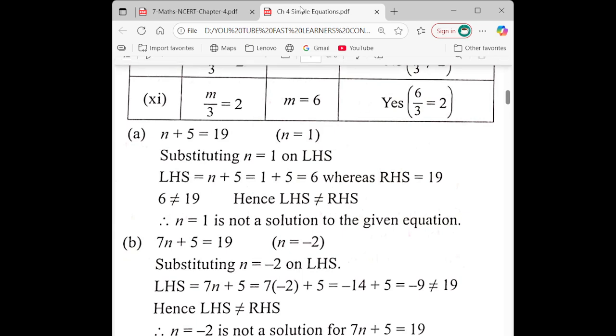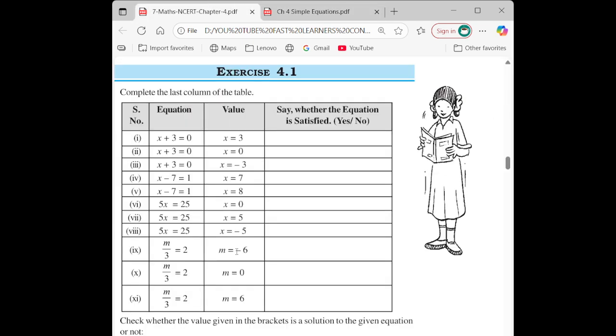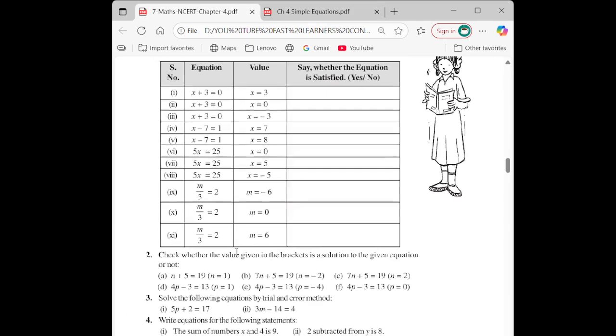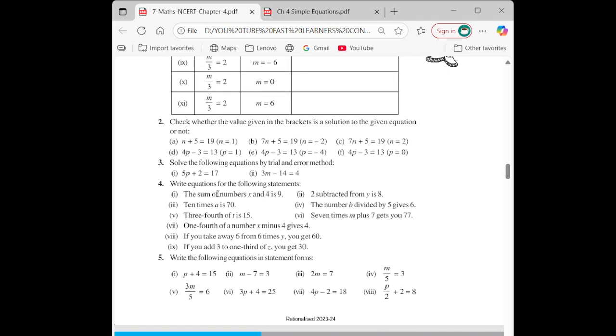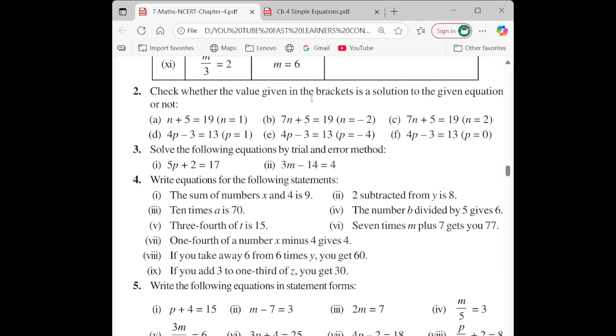Now let us see question number 2. Next question. See here, this is question 2. Question 2 is, check whether the given value in the bracket is a solution or not. See here, at the place of n you have to take n equal to 1. Here at the place of n you have to take n equal to 2, and then we have to check whether it is satisfying the equation or not.